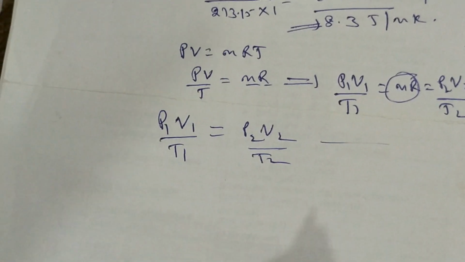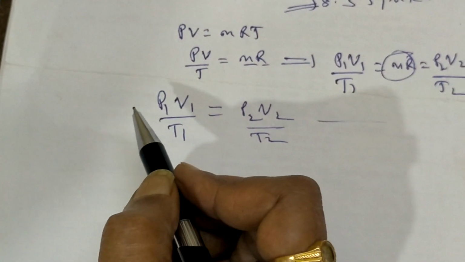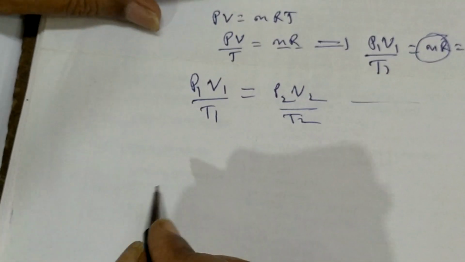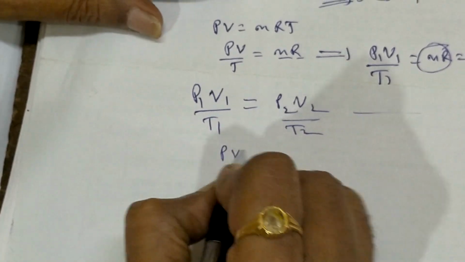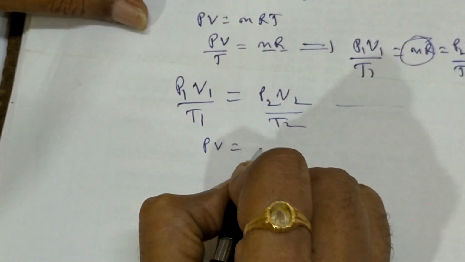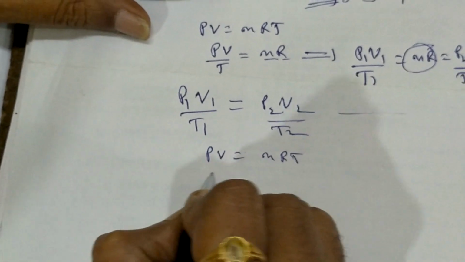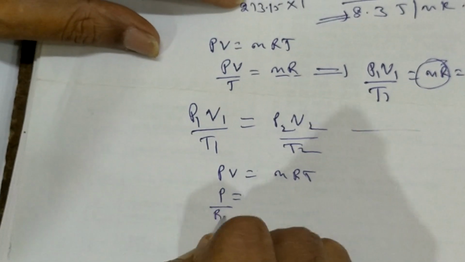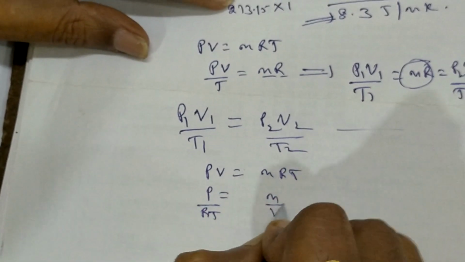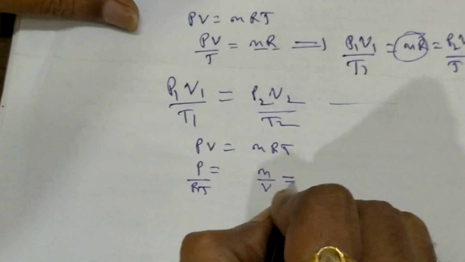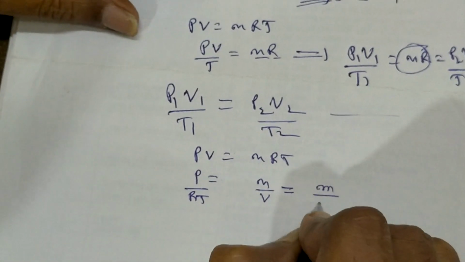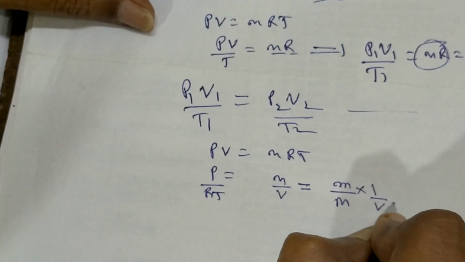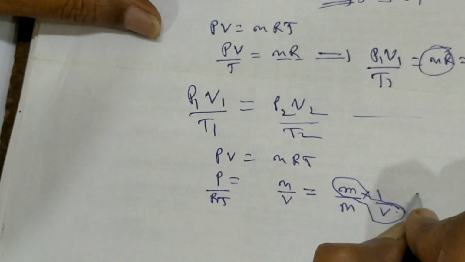Now, what is the relation between them? Wherever V is there, we can go to density also. So the density and molar mass equation: here you see PV equal to nRT. So P equal to nRT by V, where n is moles, which can be written as mass by molar mass, into 1 by V. This m by V is nothing but d.